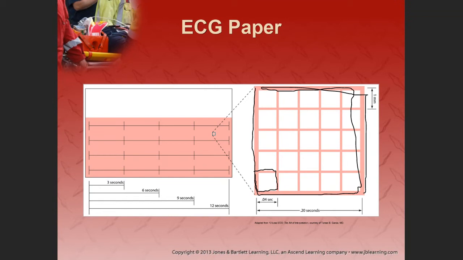If 15 represent 3 seconds, how many would represent 6 seconds? 30, right? So when you print out an ECG, you can print off what is called a 6-second strip. You use that time frame to calculate the rate of the heart rhythm.